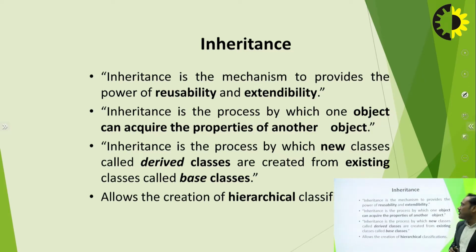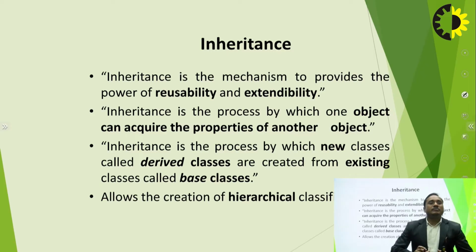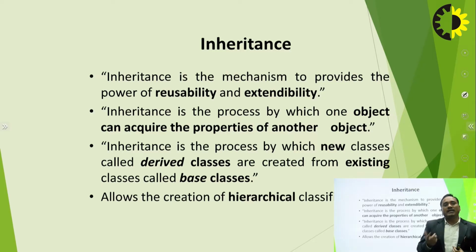Now the second point: inheritance is the process by which one object can acquire the properties of another object. Here we are going to discuss two important keywords, that is object and class. If you create a class, every class has similar types of objects, and they have different features or functionalities.